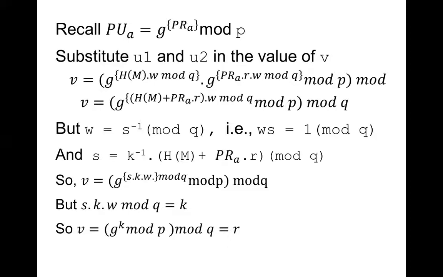All right. So that's how it is. And V is equal to G power K mod P mod Q. And that's equal to R. Okay. All right. So I'll give you a couple of seconds to stare at the calculation.